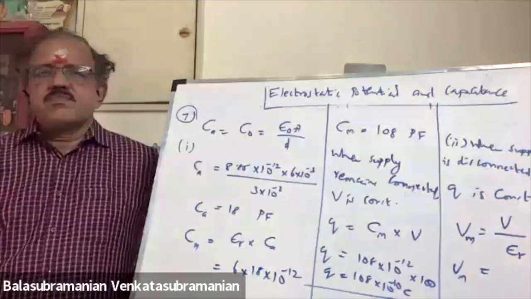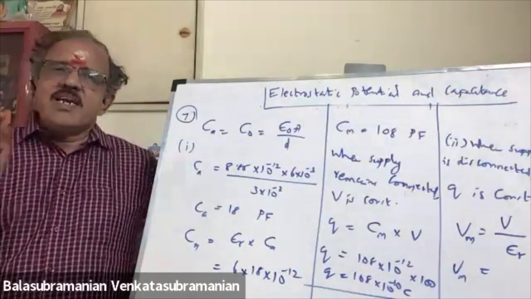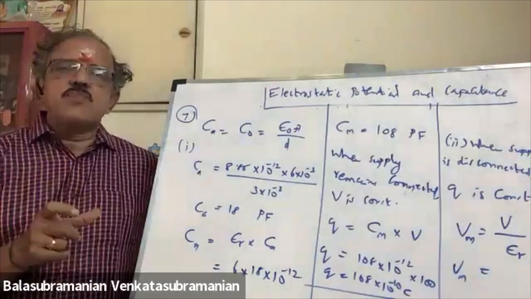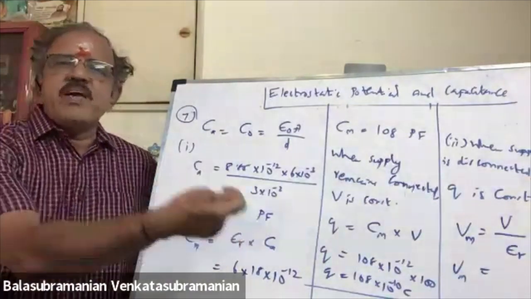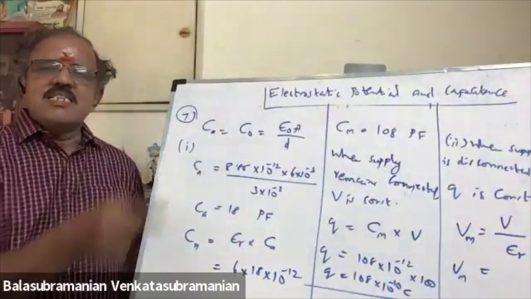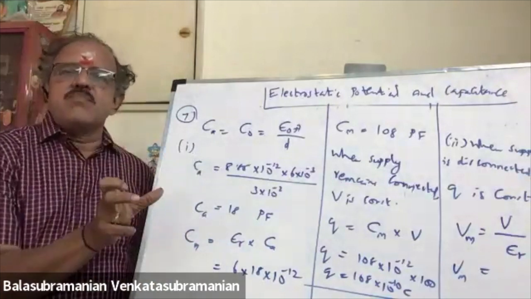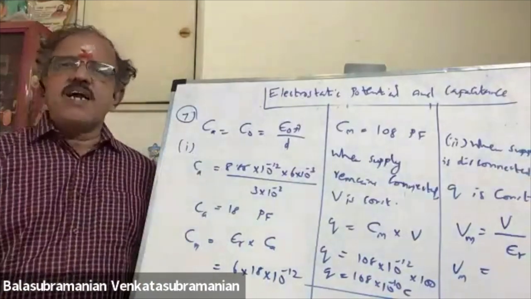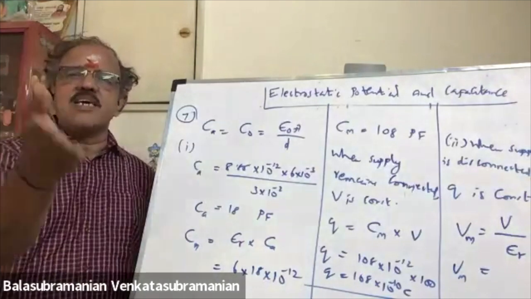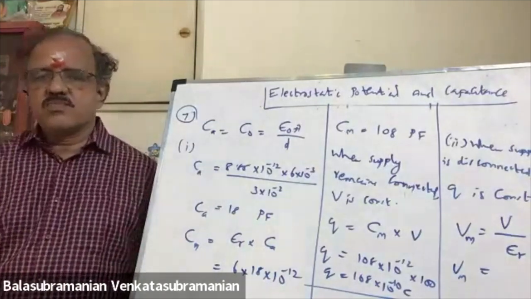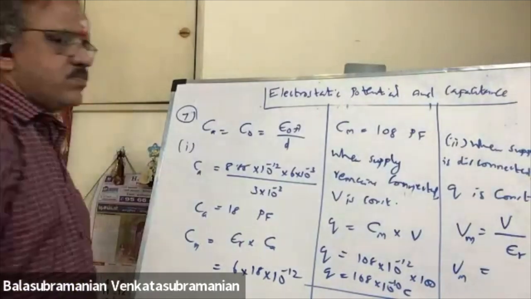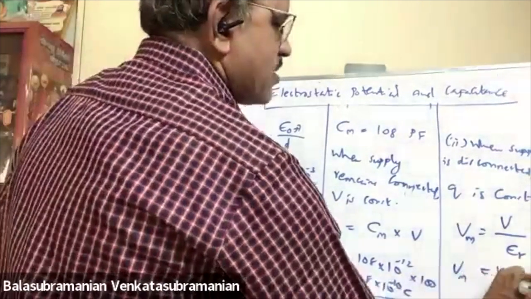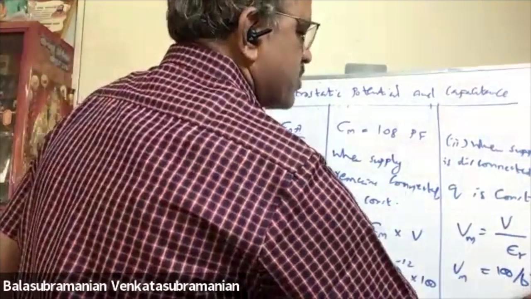When a dielectric is introduced between the plates of the capacitor and the battery supply is disconnected, then the voltage across them is reduced by a factor equal to the dielectric constant. What is the actual voltage? 100. Divided by the dielectric constant 6, it is 16.66 volt.